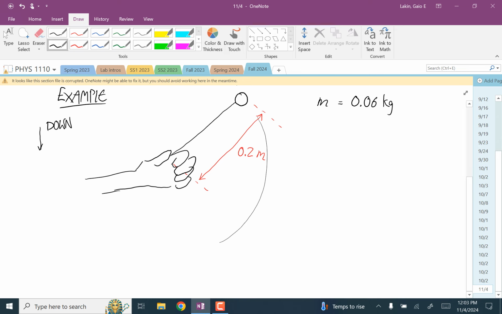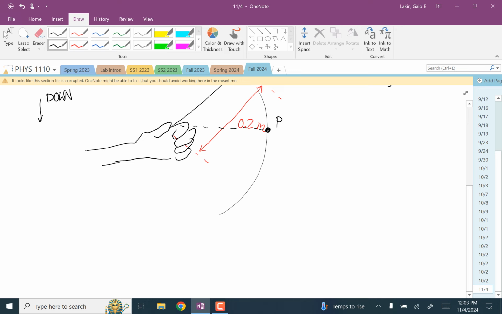Let's start by thinking about when the mass is exactly at the side right there. Let's call that point P. Let's say that at P, the ball has a speed of 5 meters per second.